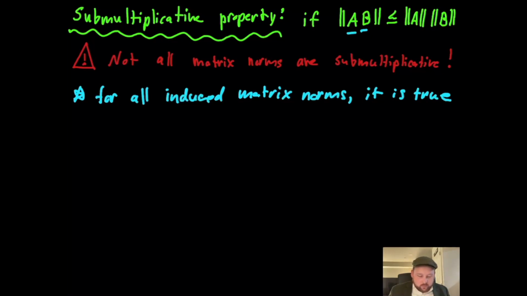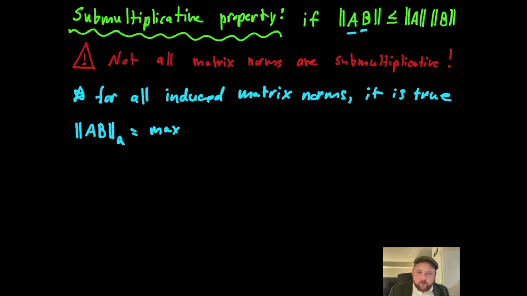How do you see this? We can quickly go through it. Here I'm going to consider the induced A matrix norm of AB.